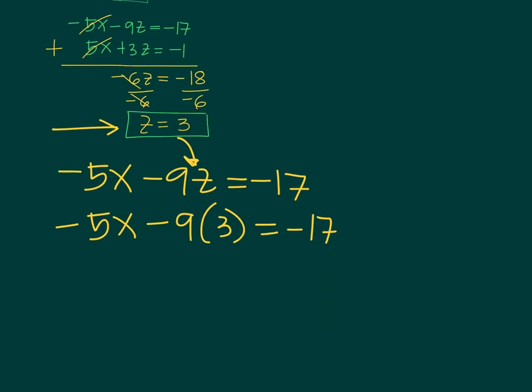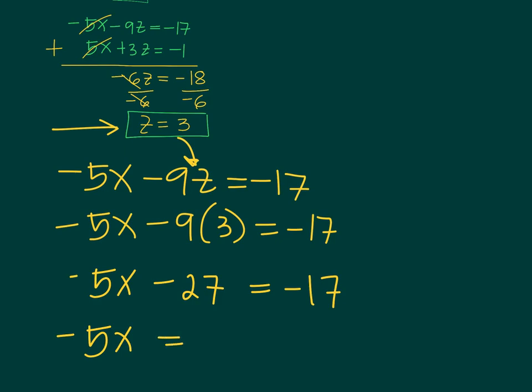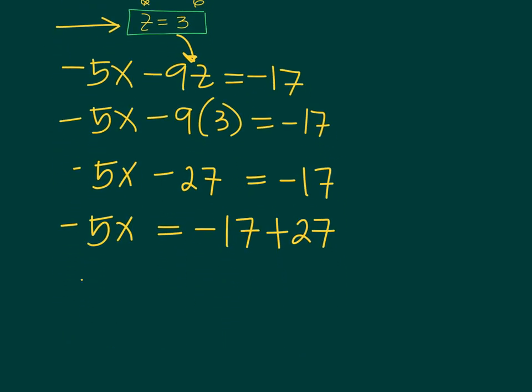And then solving for x, you have negative 5x minus 27, that's 9 times 3, equals negative 17. And then negative 5x equals negative 17 plus 27 by adding 27 on both sides.